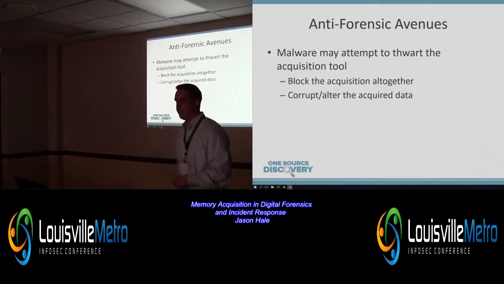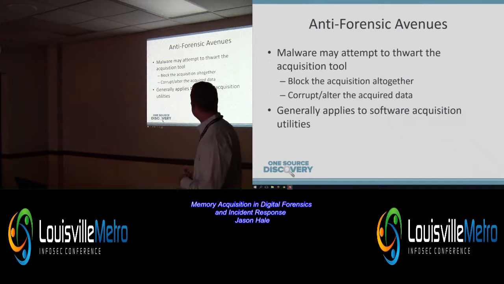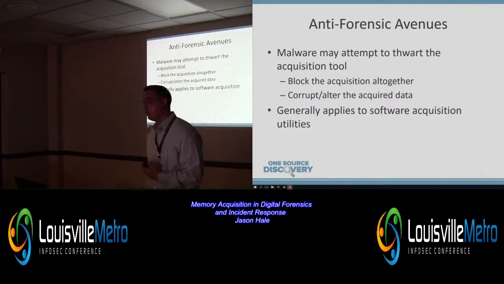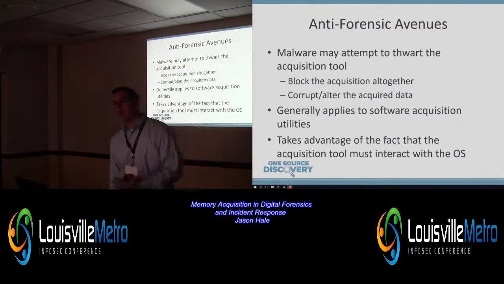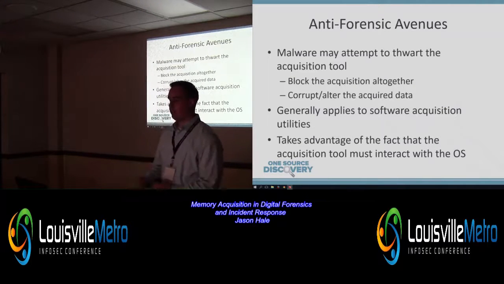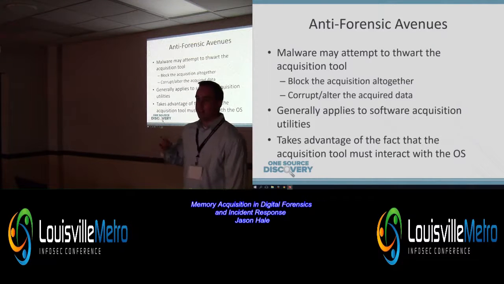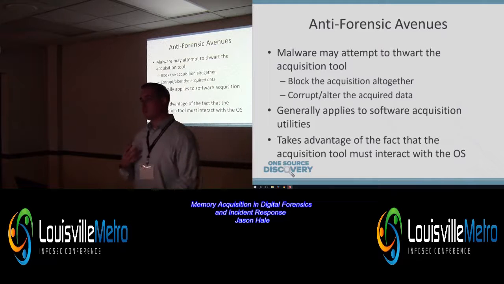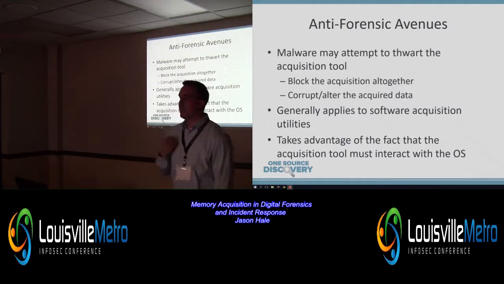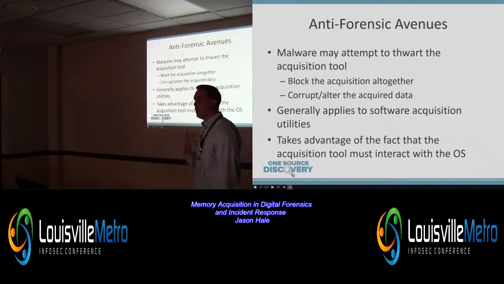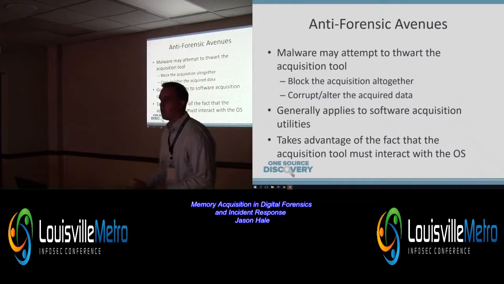So this isn't the extent of what we're talking about. And again, this generally applies to software acquisition utilities. If you zone out in the next couple of slides and don't retain any of that, essentially what you need to know is that these approaches are taking advantage of the fact that our tools are relying on functions made available by the operating system.